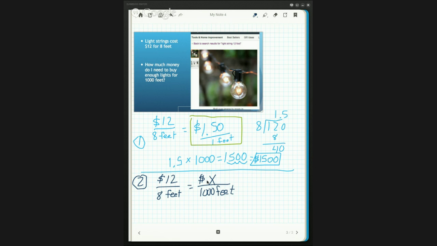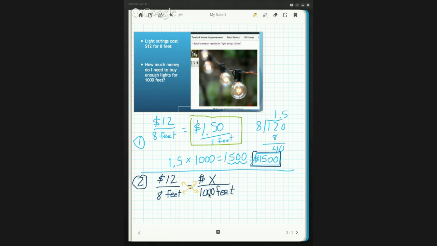The way we solve the problem, and we're going to get this same answer of ultimately $1,500, mind you, is we're going to do this thing called cross multiplication. The way we do cross multiplication is we simply multiply the two numbers that are across from each other, and we set that equal to these two numbers that are across from each other.